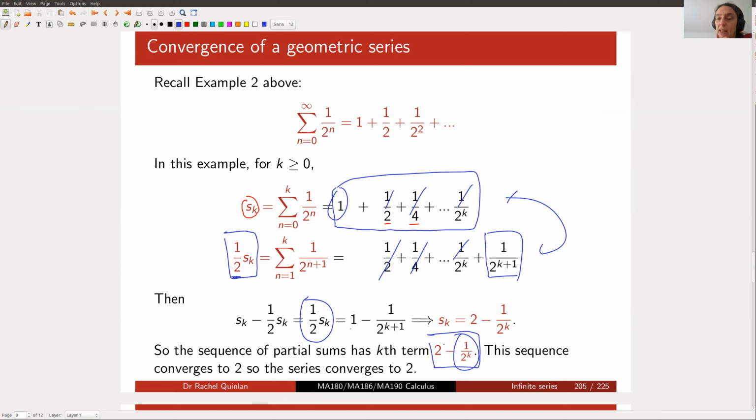Our conclusion is that the series converges to 2, and in a very precise sense, the sum of all the fractions of the form 1 over power of 2 is equal to 2. So this is an example in the geometric series where we can write down a very usable expression for the terms of the sequence of partial sums. That would be a rationale for the claim that the series has sum 2, or that the series converges to 2.